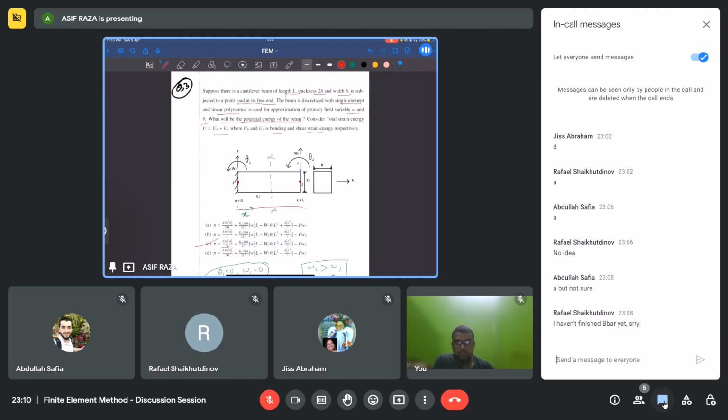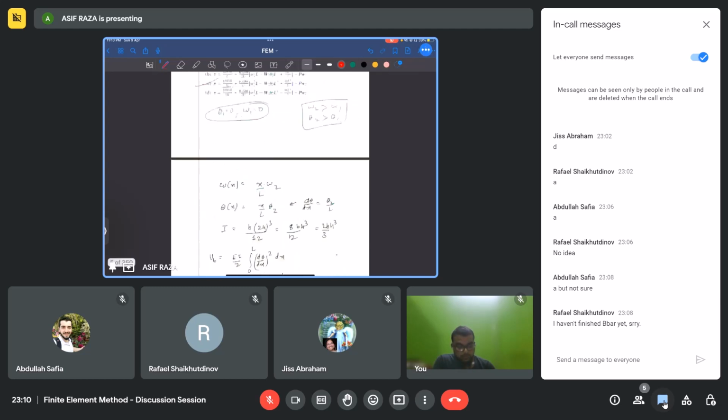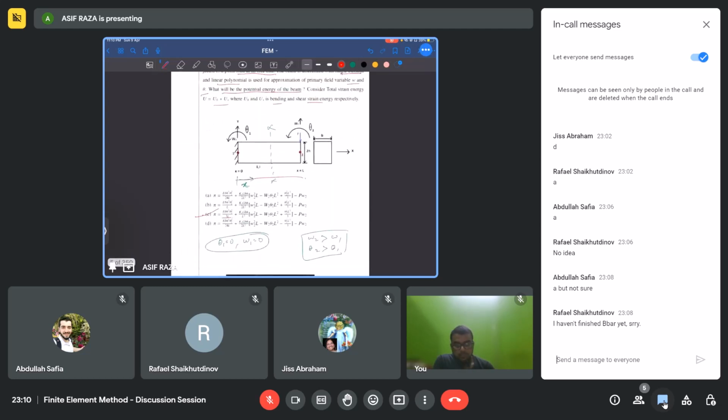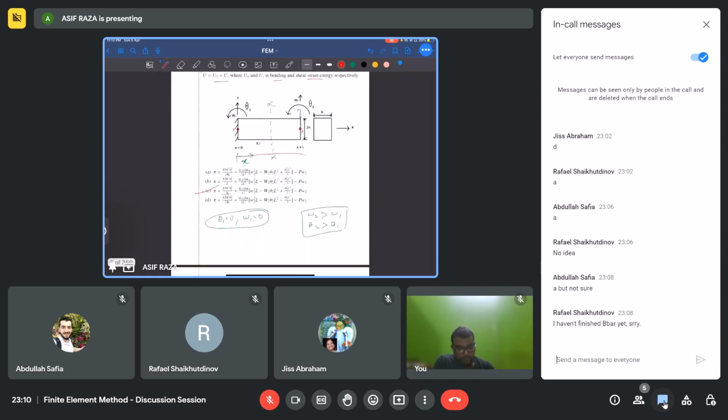W1, theta 1, W2, theta 2. The question says we need to use the approximation function as a linear polynomial. So we know W1 and theta 1 would be 0.